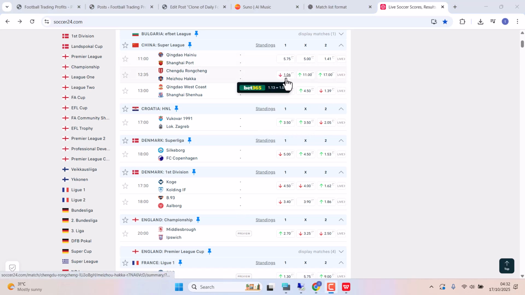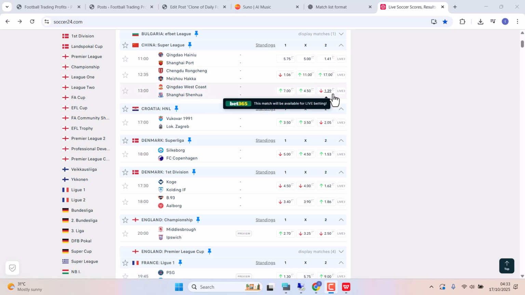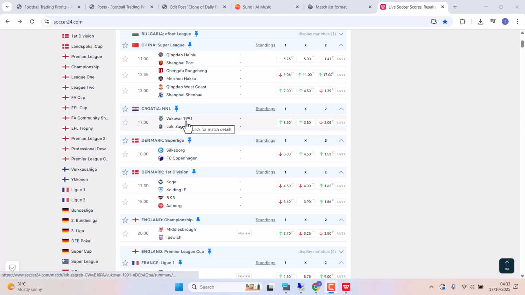For the lunchtime traders, the Chinese Super League is available at soccerstats.com and is relatively tradable. Shanghai Port and Shanghai Shenhua, the two main ones who tend to provide some decent trades and late goals.